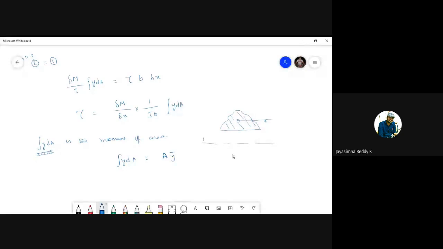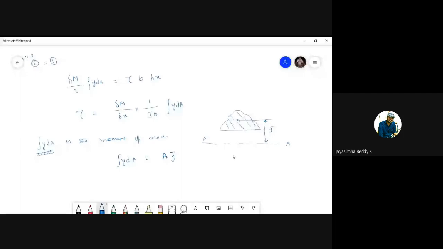Neutral axis to the centroid of the considered portion is y bar, that we have seen already. And A is the area of the shaded portion. So integral of y dA can be taken as A y bar.